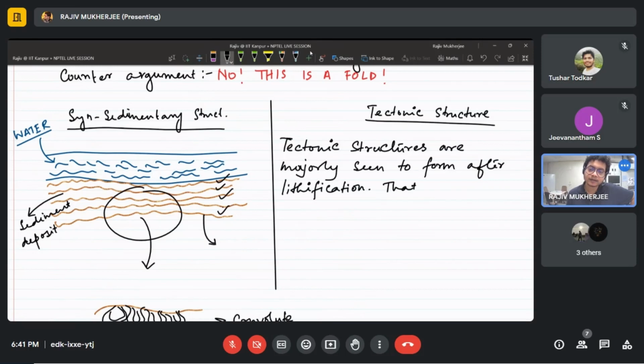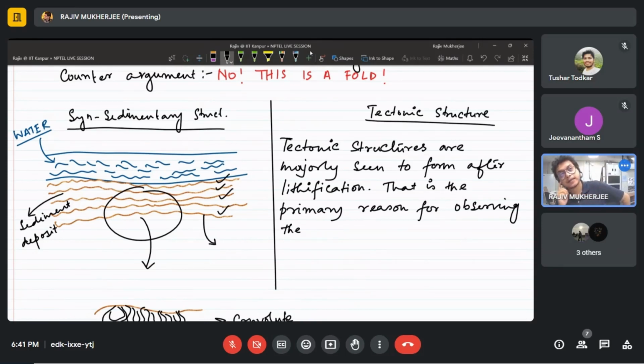That is the primary reason for observing the deformed structures only in metamorphic rocks, right? Observing majority of the structures.